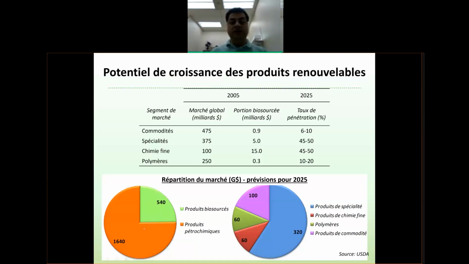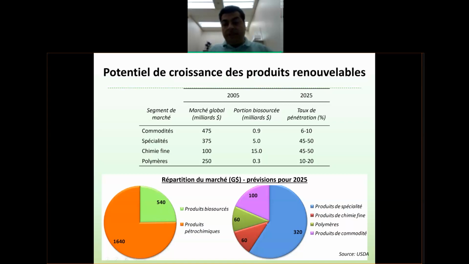Or in other words, almost 25% of the chemical products are going to be bio-based. That's something, really significant. But this is a kind of anticipation. Maybe it never happens. It could be less or maybe higher, depending on market fluctuations and restrictions.